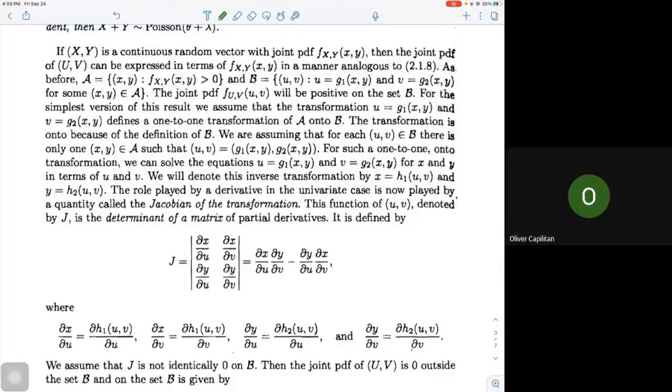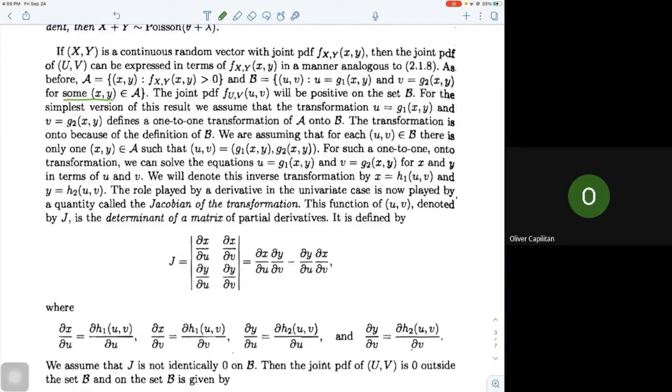And then we let script B be the set of all ordered pairs UV such that U is equal to g sub 1 of XY, and V is g sub 2 of XY for some XY in script A. That's why we need to determine this set as script A sub UV.